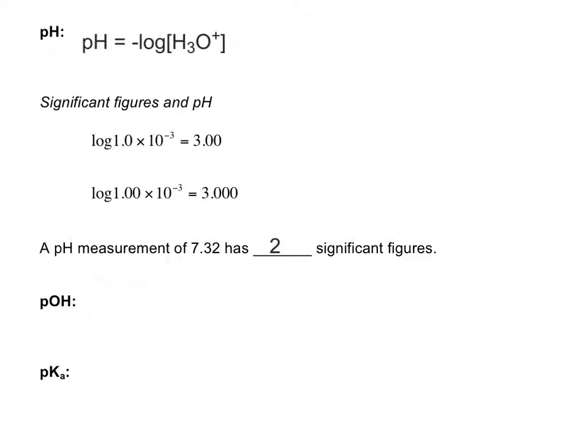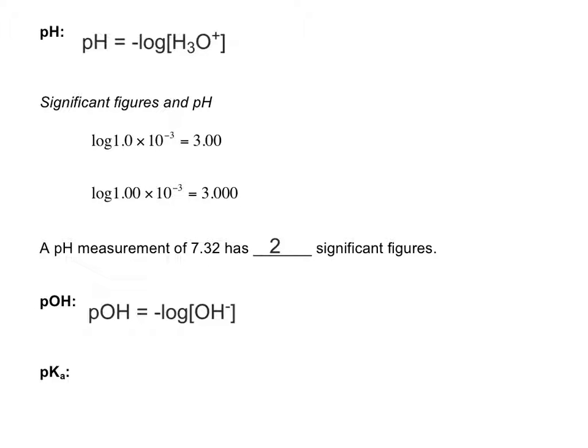So we only count the ones after the decimal place. The pOH is a similar quantity, but it's just the negative log of the OH- concentration. And then the pKa is a useful quantity that we're going to use a lot when we get to buffers and titrations and things like that. As you maybe have noticed a trend here, the p just means take the negative log of the thing.